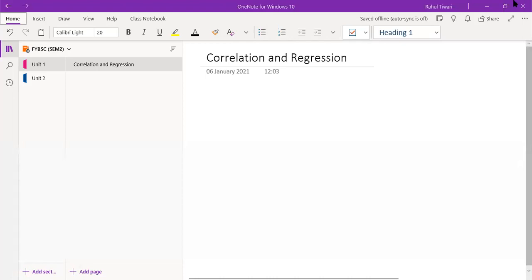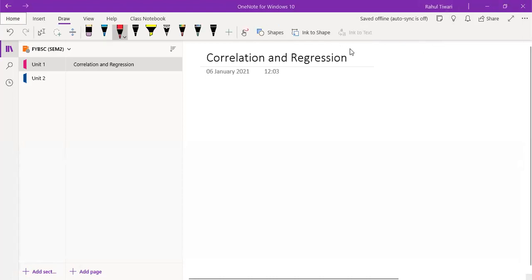So Unit 1 is based on correlation and regression. First we will discuss the correlation part.